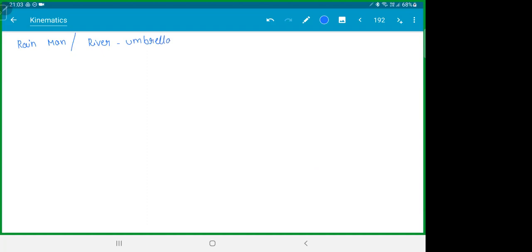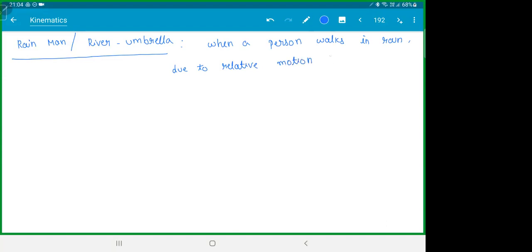Rain man or rain umbrella. So look at the concept here. When a person walks in rain, or even when you're in a vehicle, due to relative motion, he observes the rain is falling at an angle different with respect to the ground.